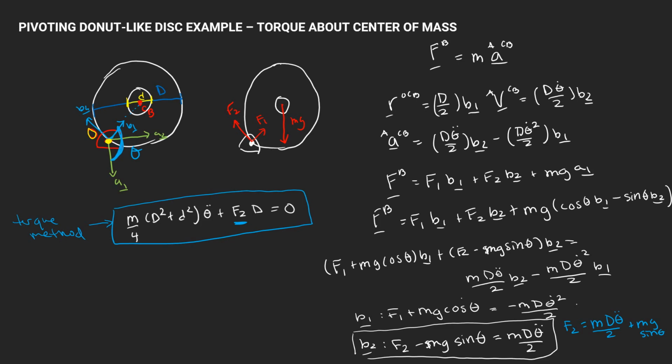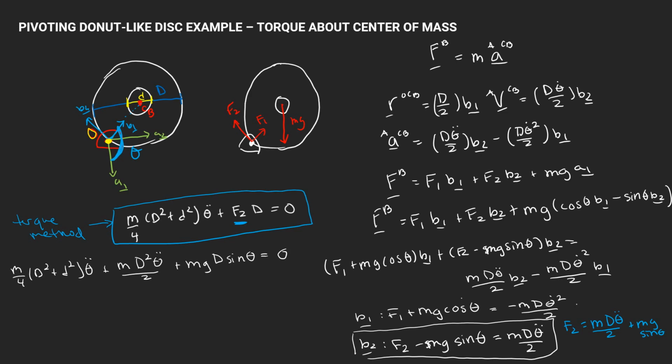So we have m over 4 capital D squared plus little d squared, theta double dot. And now we have our F2 terms: m d squared theta double dot over 2. Remember, you're just multiplying these by a d. Plus mgd sine theta equals 0.